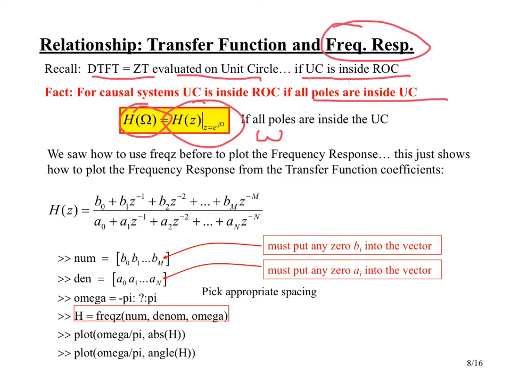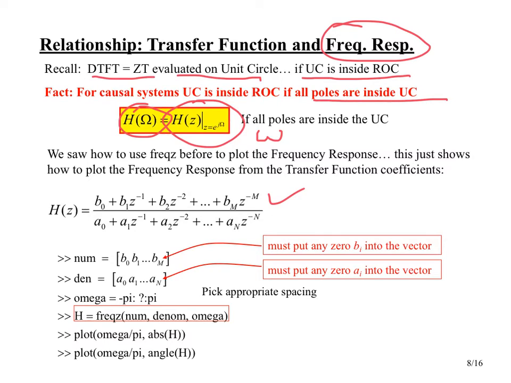we can do this very easily using a MATLAB command and then plot what this looks like. This is a really nice thing to be able to do. So we start with our transfer function written in the z inverse form. It's important to be in the z inverse form here.